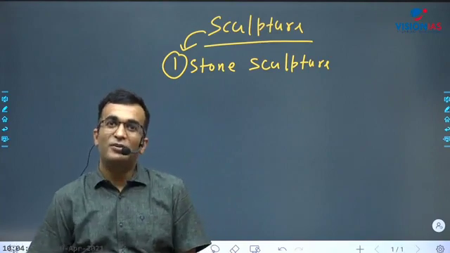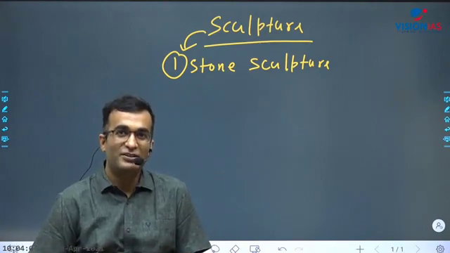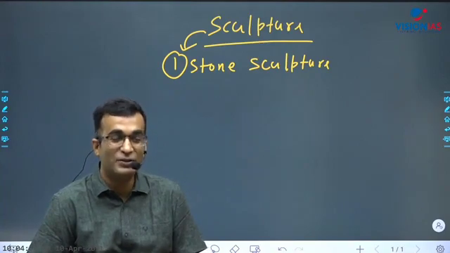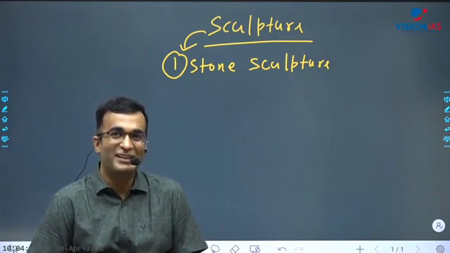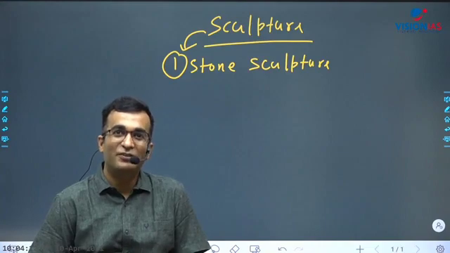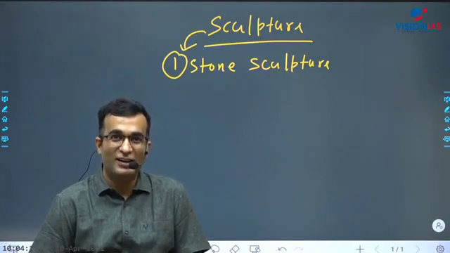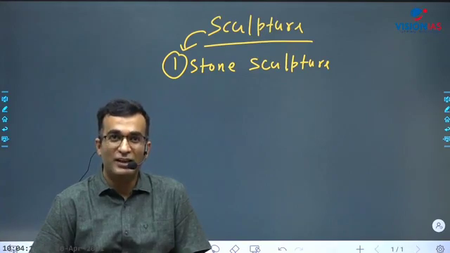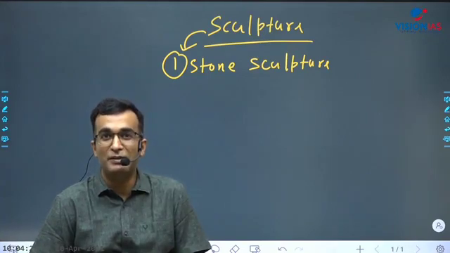When you started architecture and sculpture, half the part is dedicated to sculpture. Architecture is a piece of art, and there are many techniques involved in the architecture, engineering tools, measurement, and it's a 3D piece of art.